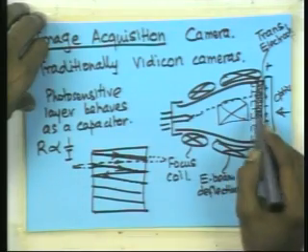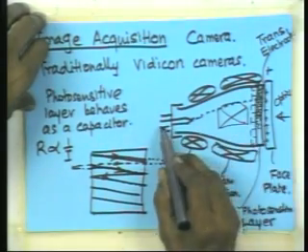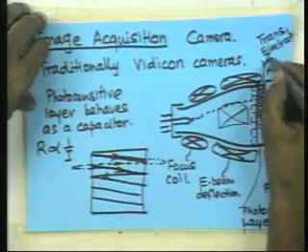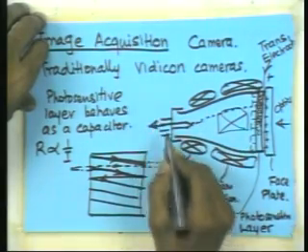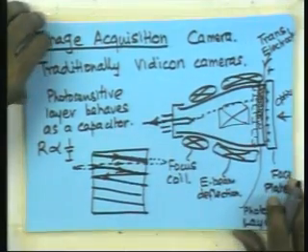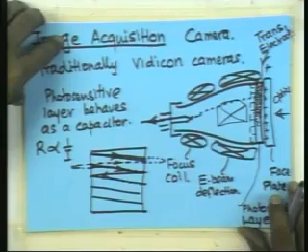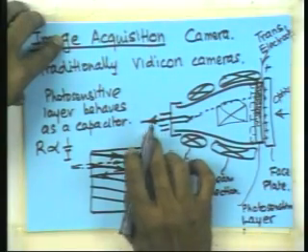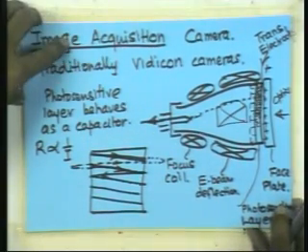When that is done, there is a net flow of current from this electrode to the point where the beam is being generated. If we look at this current, it will give us an indication of the intensity of light at any given instant of time, corresponding to that particular position on the image.